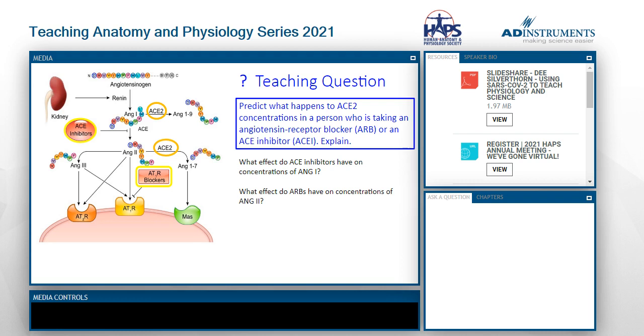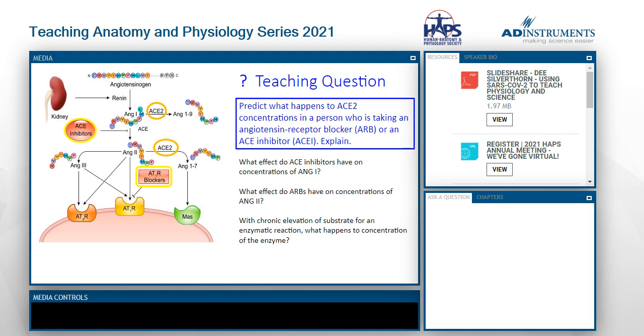Same thing, block action at the receptor, and you're going to predict an increase in the angiotensin 2 levels. So it turns out if those concentrations of substrate are simply going up, with a fixed amount of enzyme, you're going to see an increased rate of reaction.